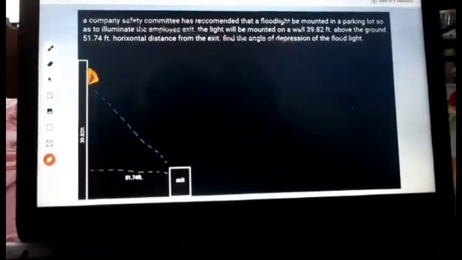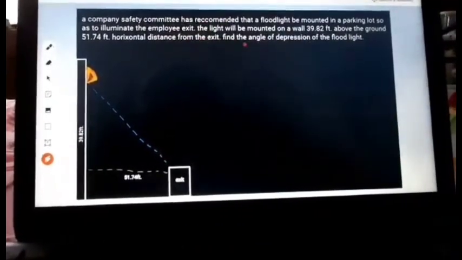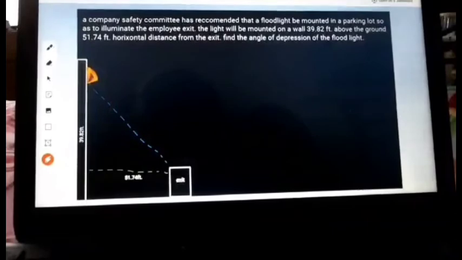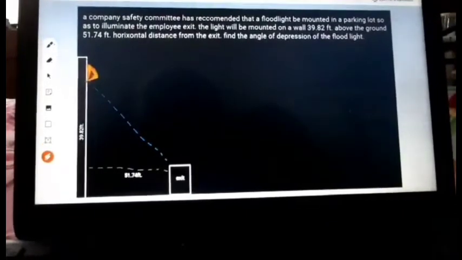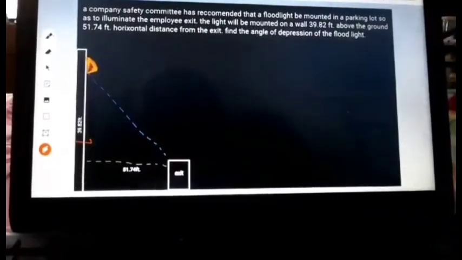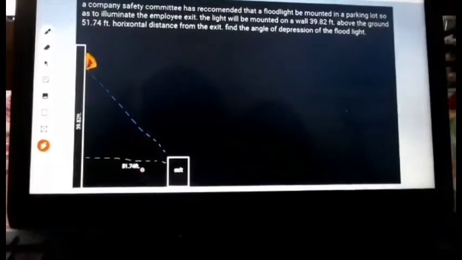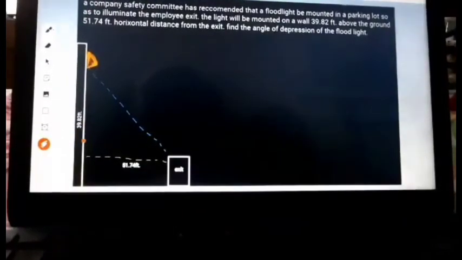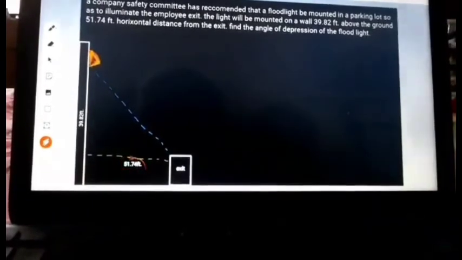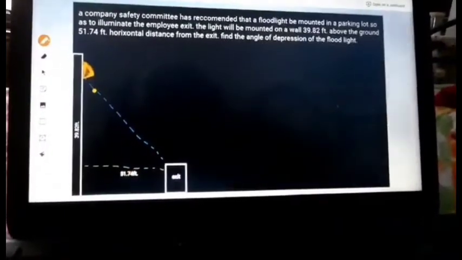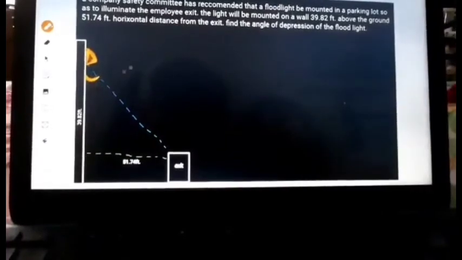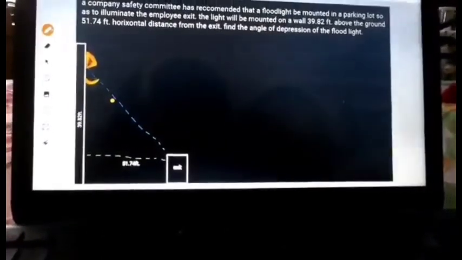First thing you need to do is to understand the problem. Then you need to illustrate the wall and the floodlight. Then you need to label the measurements. The wall is 39.82 feet and the distance from the wall to the exit is 51.74 feet. Then you need to find the angle of depression. There is no angle of depression given, so that's what we need to find.